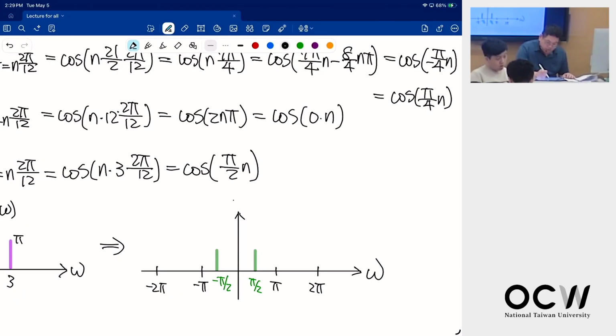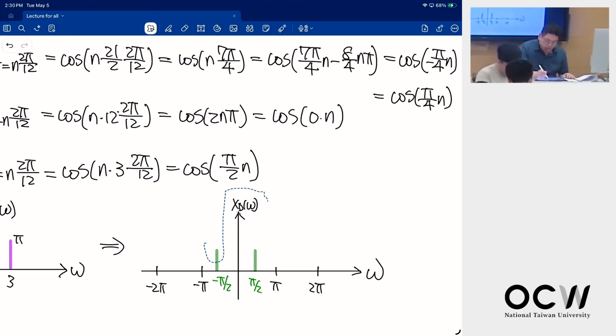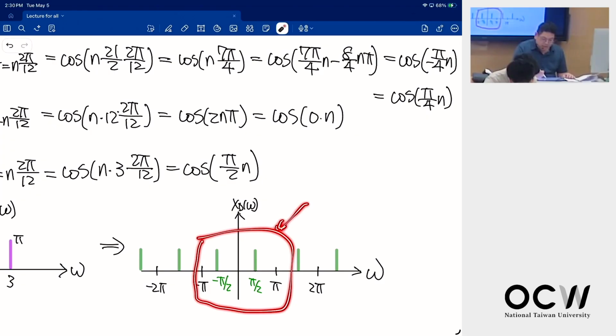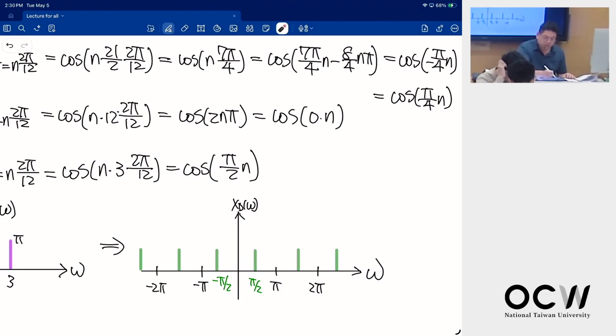Now you duplicate at 2 pi here and here. So when you see the spectrum from minus pi to pi, there's no aliasing, no ghost signals coming in. Remember it is periodic.